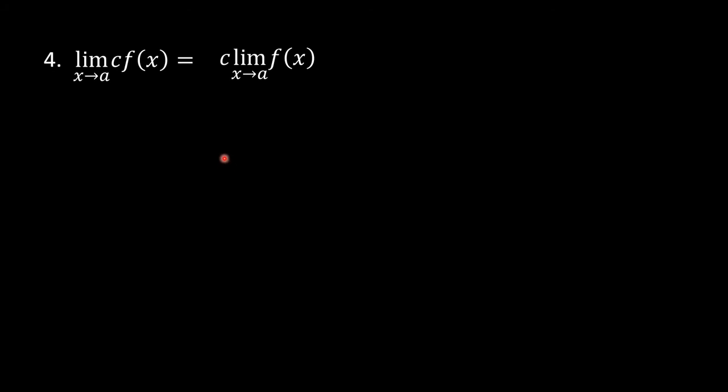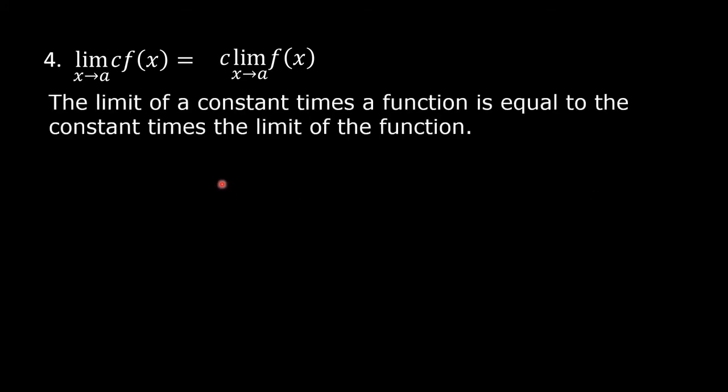Theorem number 4. The limit of c times f of x as x approaches a is equal to c times the limit of f of x as x approaches a. This means the limit of a constant times a function is equal to the constant times the limit of the function.